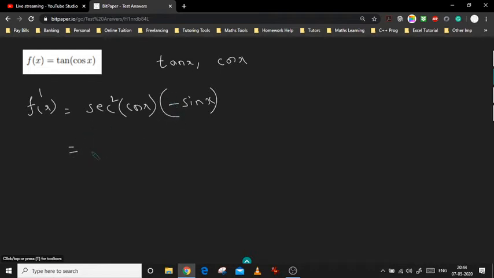So therefore this is going to be minus, I can put the sin x in front, multiplied by secant squared cos x. Make sure that you put the bracket for cos function because it's part of the secant function. If you write down without a bracket, then it's not correct. Okay, so this is the answer for this question.